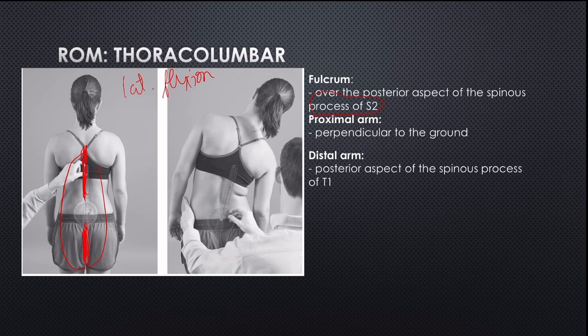I switched it. So ask the patient to laterally bend, and then move the distal arm, still targeting the T1. Although T1 is most likely found here, it should still target the T1 spinous process. End feel is still firm.